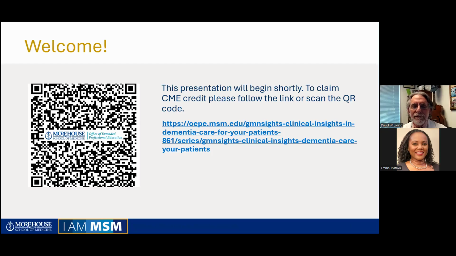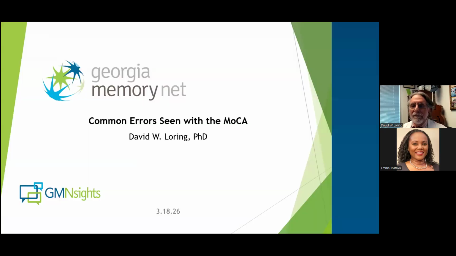His work focuses on developing and applying neurobehavioral assessment methods used to evaluate treatment effects, procedural risks, disease progression, and to improve the precision of behavioral phenotyping for more accurate patient characterization. Dr. Lauren earned both his master's and doctoral degrees at the University of Houston. His January 2022 lecture, Lessons Learned from the Clock Drawing Test for Cognition, is the most viewed video in the GM Insights series with 1,600 views.